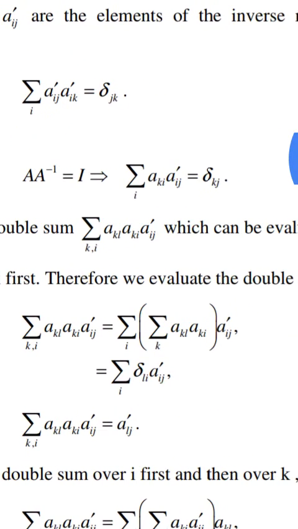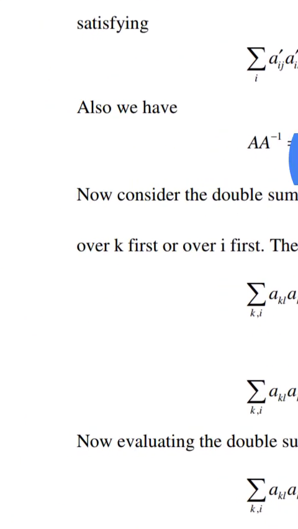Also we have A into A inverse is equal to I, summation of Aki, Aij dash is equal to delta kj.